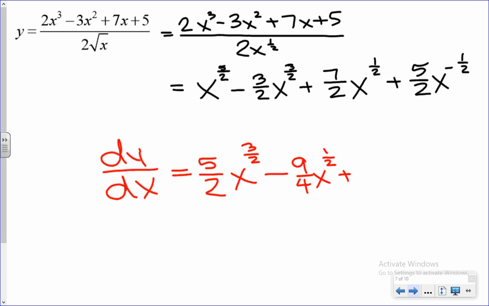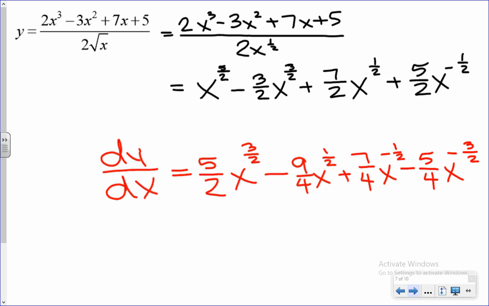When we take the derivative of 7/2 x to the 1/2, 1/2 multiplies down, so our coefficient is now 7/4 x to the negative 1/2. Very good. And then when we take this derivative, negative 1/2 multiplies out in front, so we have negative 5/4, and when we subtract 1, we're left with negative 3/2.